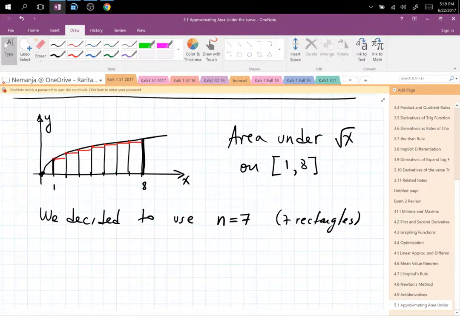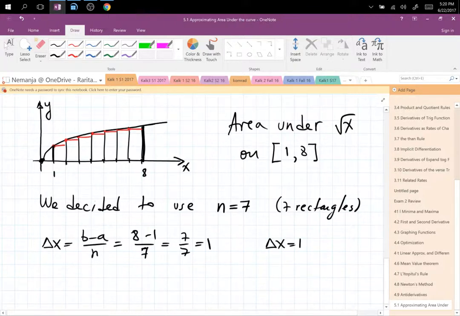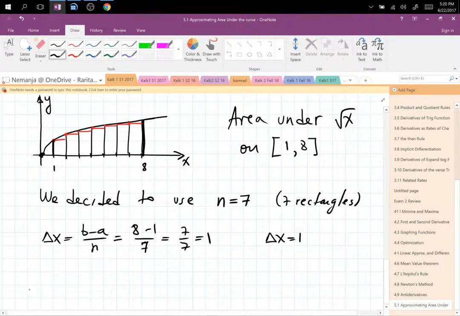So what do I have? Delta x is b minus a over n, which is 8 minus 1 over 7. 7 over 7 is 1. So we know that each delta x is 1. Area is approximated by, what do I have?